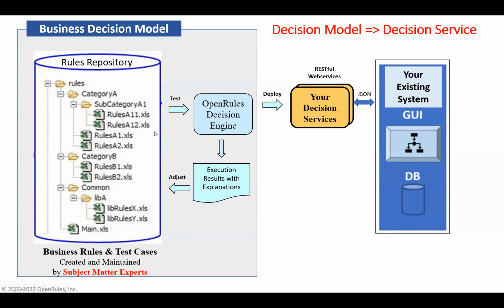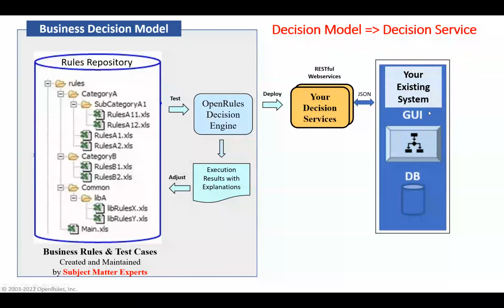And finally, let's assume that business people have already built and tested the decision model. Then with one click of a button, based on some deployment parameters, they can click deploy, and they will create a new, or update an existing, decision service.